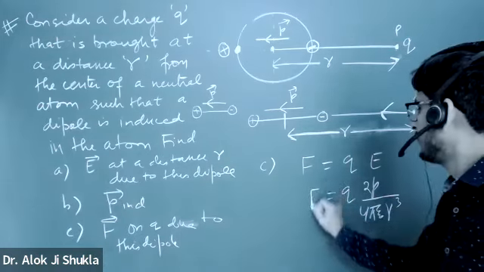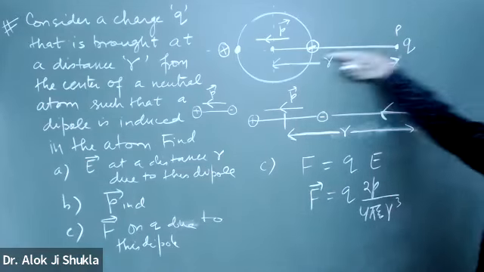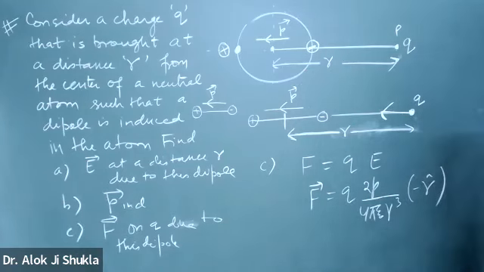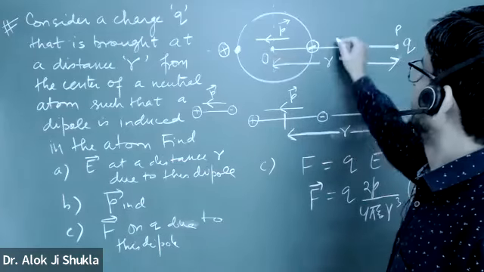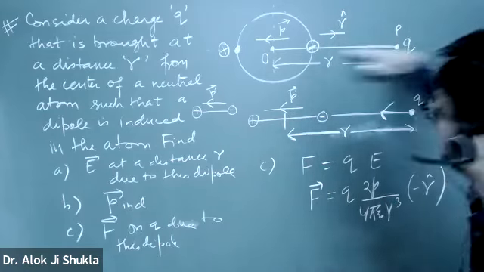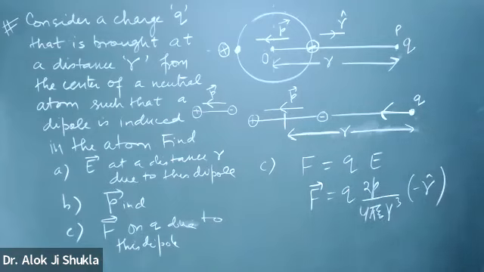And put force here. So r cap is this side. So it will be attracted here, right? So put minus r cap. Okay? So this is the O. This is the r cap direction. So it will be attracted towards this negative charge. So it will be minus r cap.